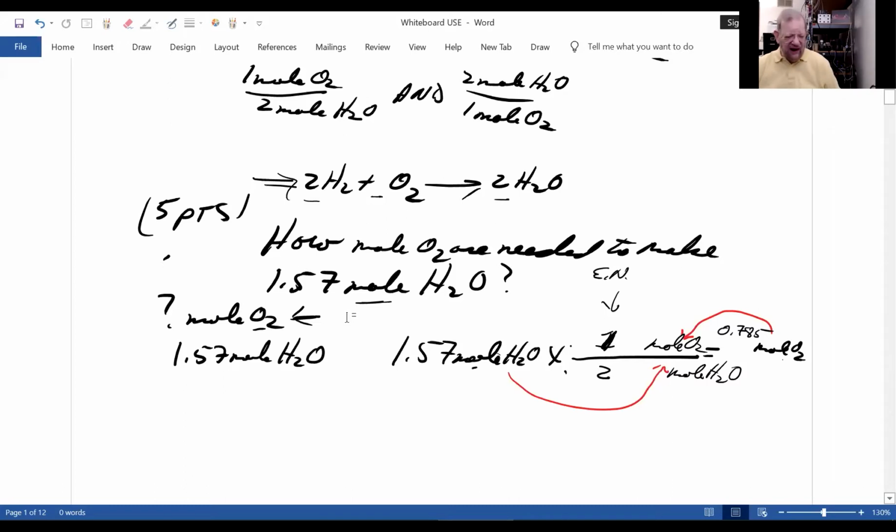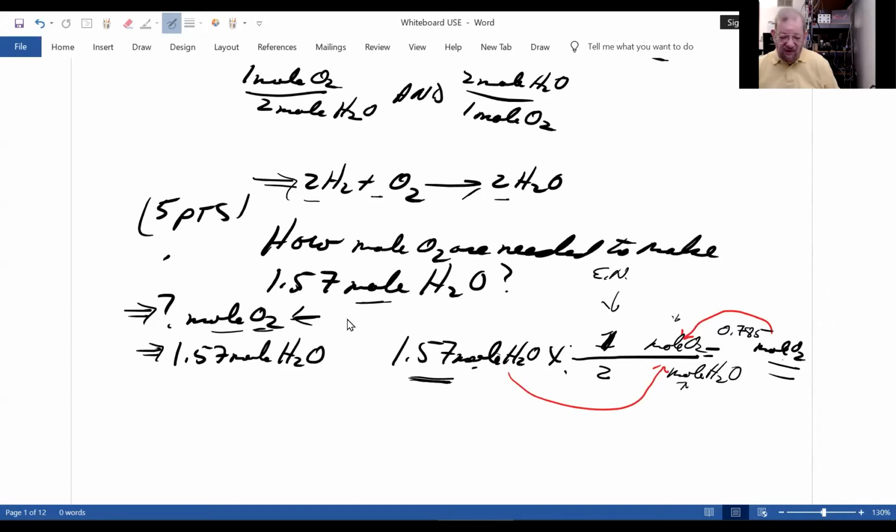Let's go through what I did again. First, I determined, what am I trying to find? Moles of oxygen. What am I given? Moles of water. This is the only thing I have to start with. What units do I want to get to? Moles of oxygen. I use my good buddy, my good friend, unit analysis. Moles of oxygen go on top because that's my final answer.